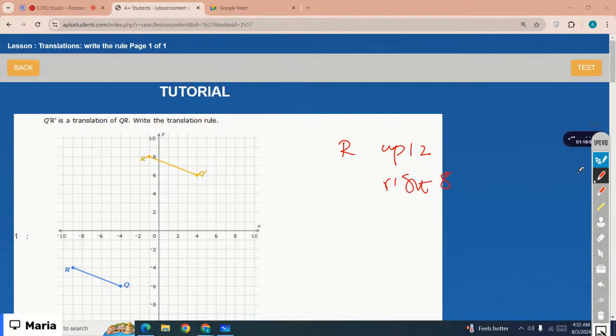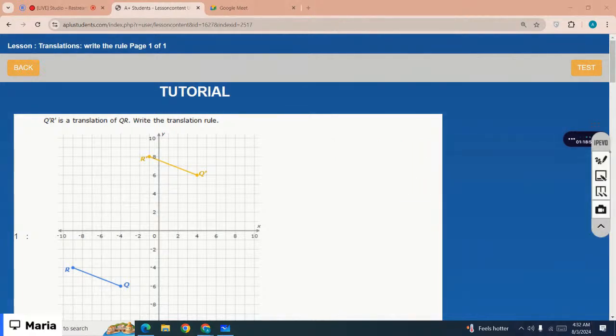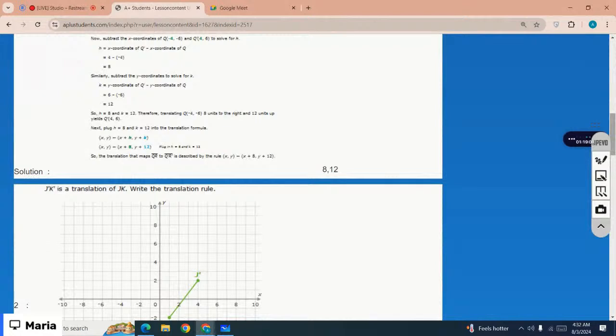So that means the point is moved up 12 and right 8. Let's just start with the test questions.